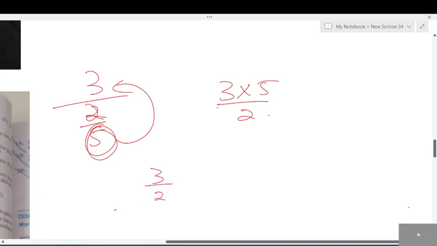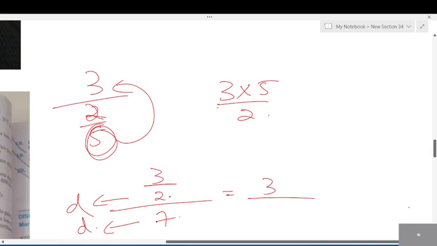Next question. 3 divided by 2 divided by 7. In numerator, how many denominators are there? In the numerator, there is already one, right? See, this is one denominator and this is one. So what happens to 2? It will get multiplied with which one?